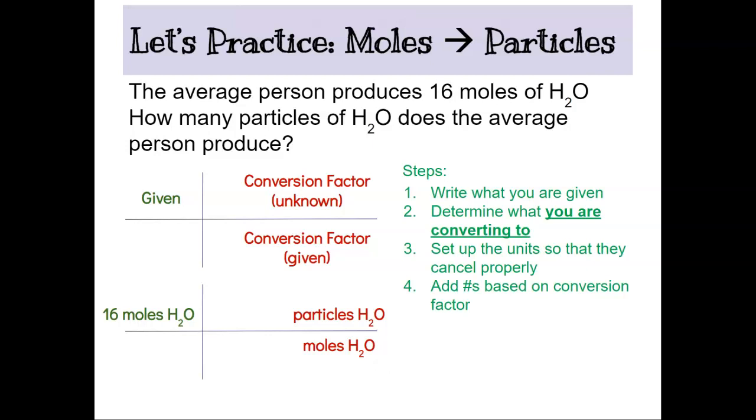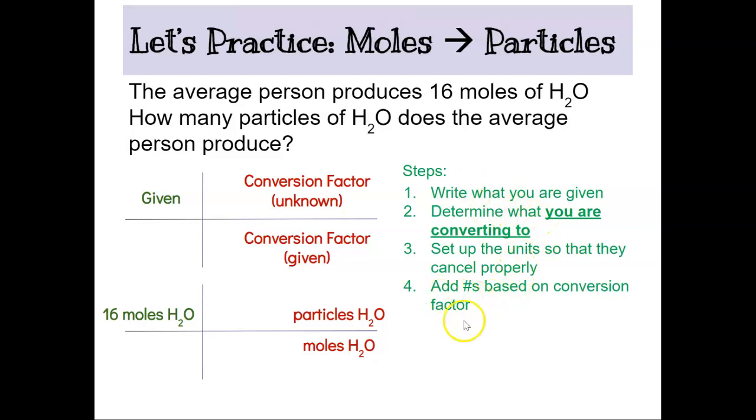You've done these in a math class along the way, but it's the same concept just with chemistry units instead of the math units you're used to. So the moles will eliminate and the particles will be left. So that's what we did: we set up the units so that they cancel properly. So we've done 1, 2, and 3.